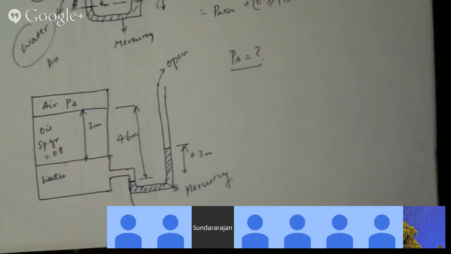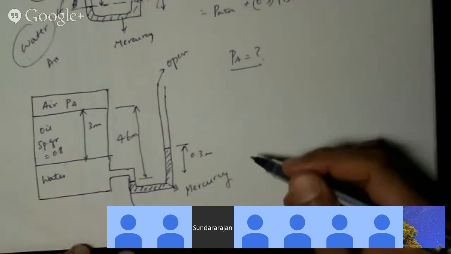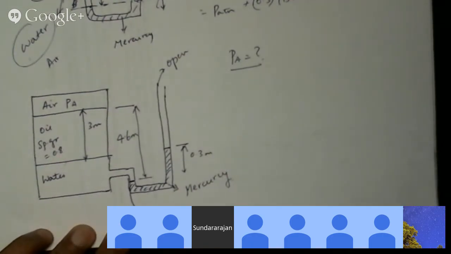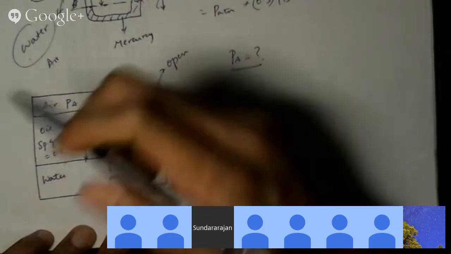Okay, so how do you guys do it? What atmospheric pressure? There's no atmospheric pressure on which side? This is P air. This is not open. This is open.